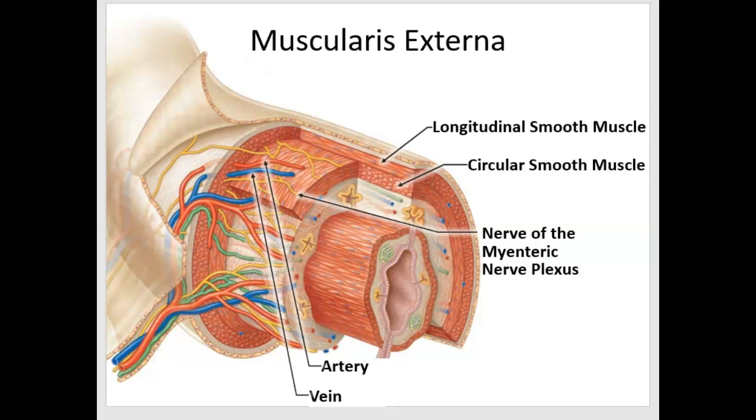There's also a nerve plexus called the Mesenteric plexus located within the Muscularis Externa, and in yellow are shown nerves of the Mesenteric plexus, which will control contraction of those longitudinal and circular smooth muscles.